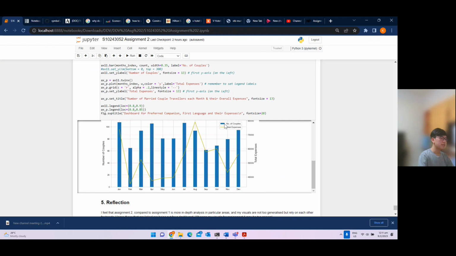And for the total expenses in August, we've seen the greatest expenses, because it's at its peak, and we can reason that it's a national public holiday. The holidays fall in August, which resulted in many people wanting to come to Singapore for leisure purposes.